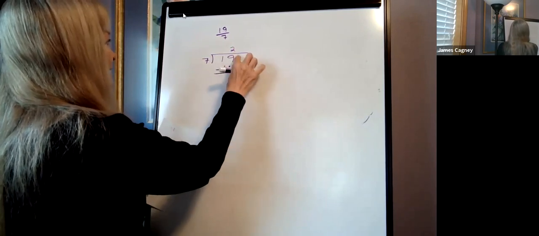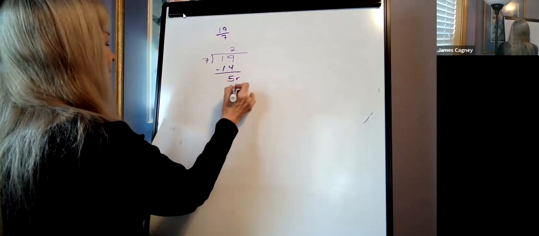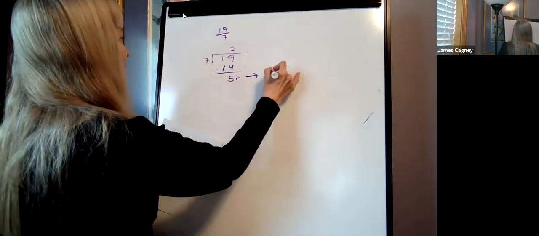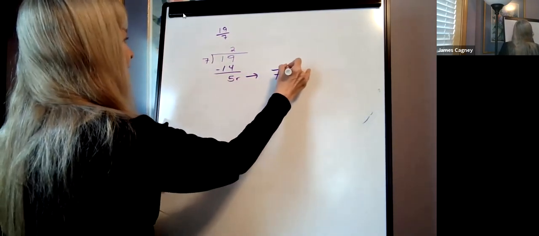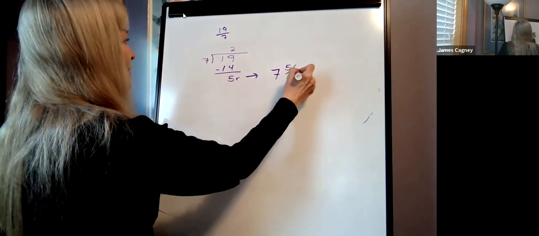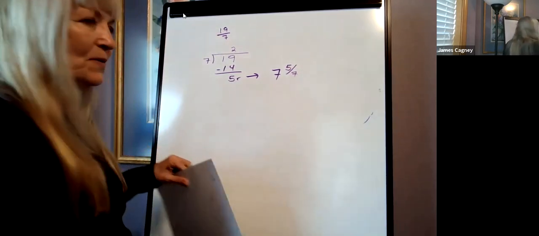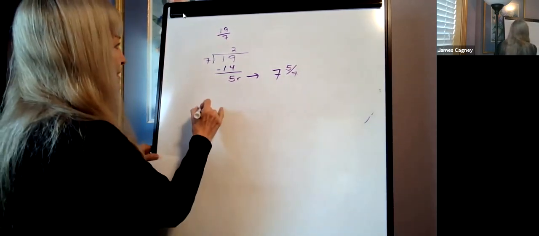I subtract 19 minus 14 is 5. So 5 is my remainder. I'm going to write this as 7. My remainder goes on top of the fraction. So it's 7 5/7.